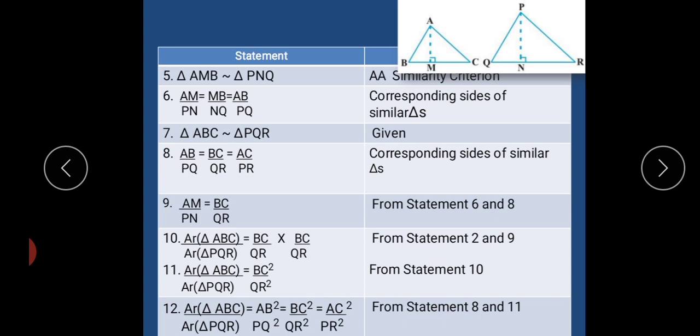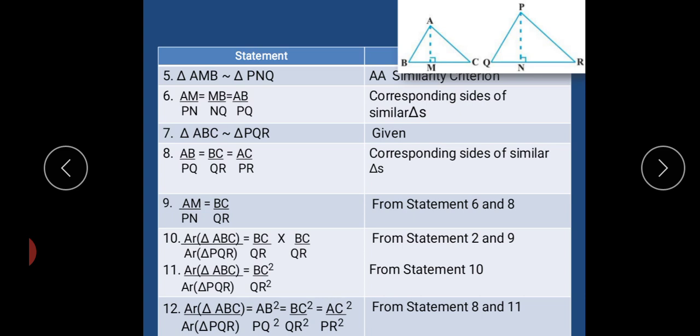We want to show this ratio AM upon PN is equal to BC upon QR. That is not there. That ratio is not here in statement 6. Therefore, we are going to the original triangles which are already given similar. Statement 7, triangle ABC is similar to triangle PQR, and we get the corresponding sides of similar triangles in equal ratio, that is AB upon PQ, BC upon QR is equal to AC upon PR.